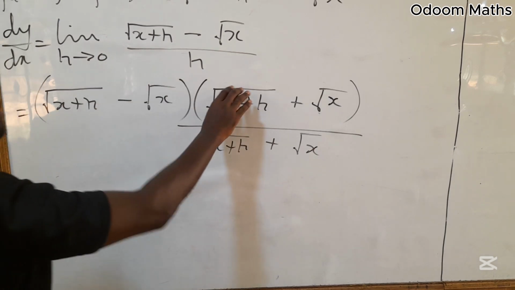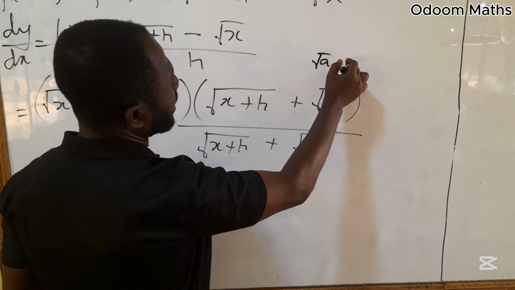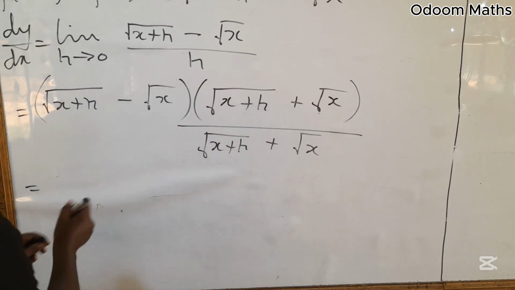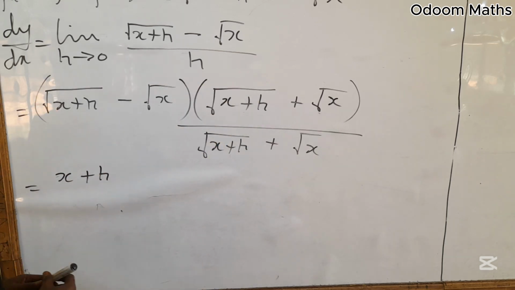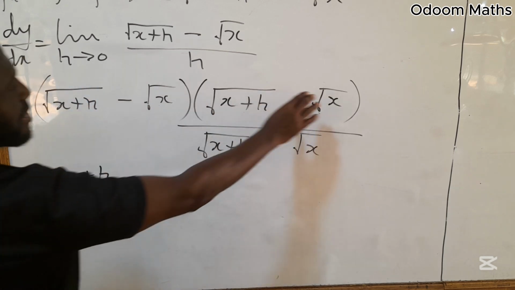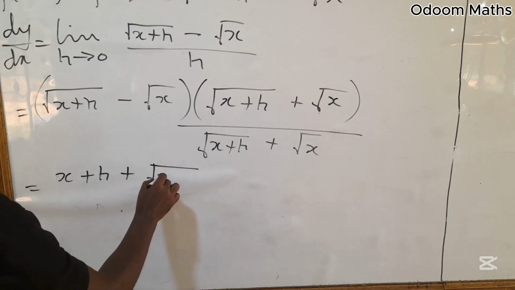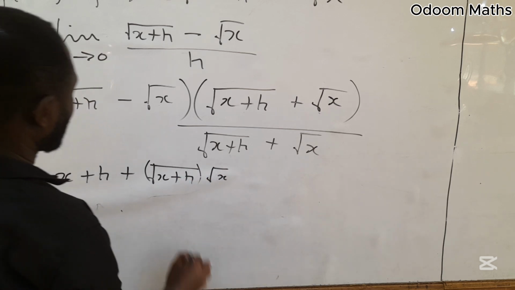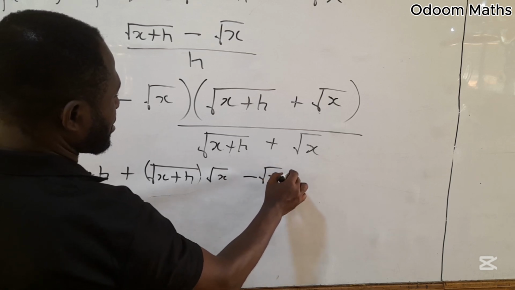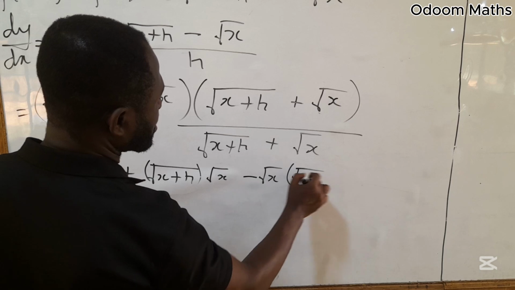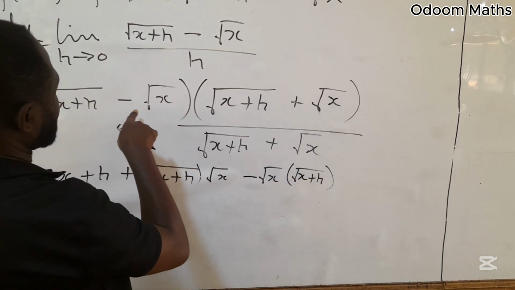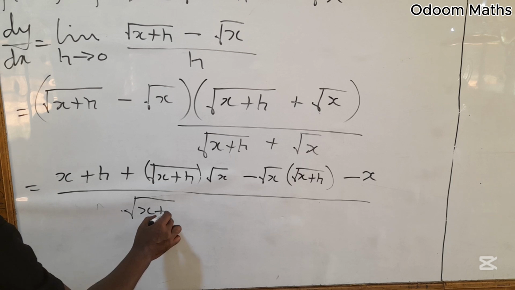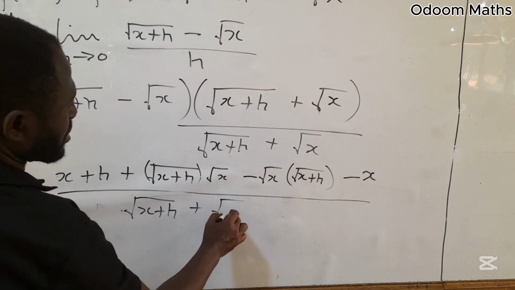This is just like root a times root a, which is a, so this and this will be x + h. Then root (x + h) times root x, minus root x times root (x + h), and then root x times root x gives minus x, all over (root of (x + h) plus root x).